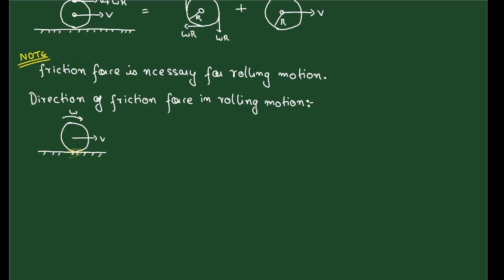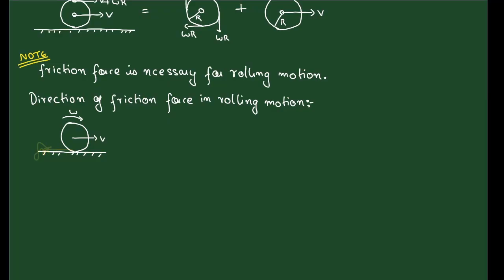If this wheel tends to slip in this direction, that means the friction force would be in the opposite direction. So my primary question is, how do I find out in which direction the wheel is tending to slip?